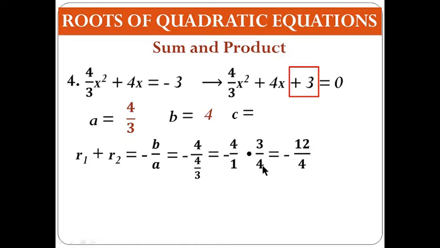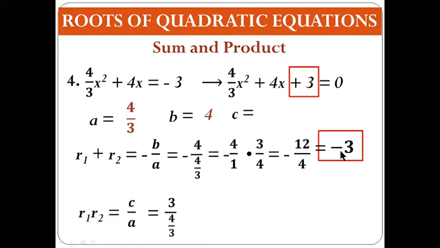Numerator, we have 12. Copy mo na yung negative. 4 times 3 is 12. 1 times 4 is 4. Get the lowest term. Negative 12 divided by 4 is negative 3. Sum is negative 3.